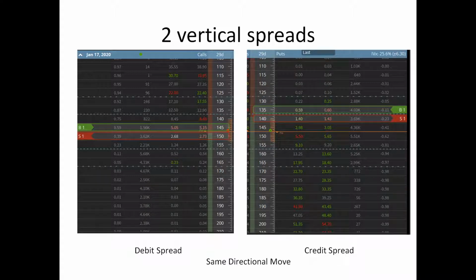Lower IV is better, we're talking about a debit spread here, because you want to buy low, and then you want to sell it at a higher price. So on a debit spread, those you put kind of at the money, and you really need a directional move. You need it to run up, or if you're on the put side, you need it to run down. Okay, and you have a 50-50 chance. Just like if you put on a straight long call, you really have a 50-50 chance if you're going to win. Okay, I don't trade them much.